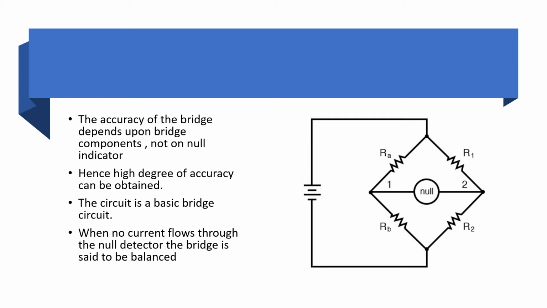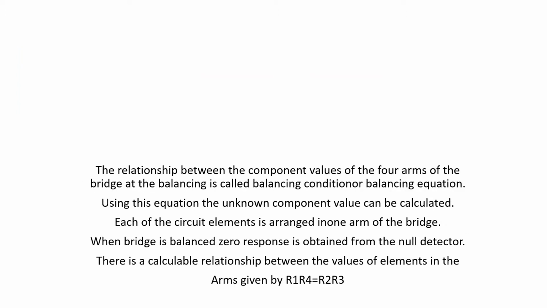So in this, when no current flows through the null detector, the bridge is said to be balanced. So when will the bridge be balanced? The relationship between the component values of the four arms of the bridge at the balancing is called the balancing condition or the balancing equation.